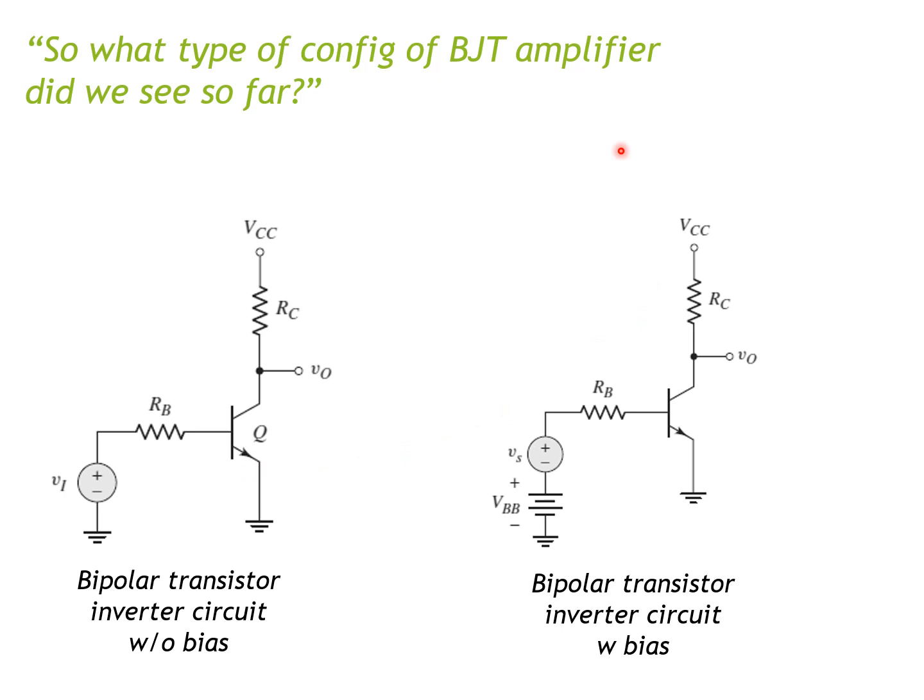However, in this right circuit, this is the more appropriate way to amplify your signal, because here you have VBB, the DC voltage that biases the transistor to a particular Q point, and your small signal Vs is the AC signal that you want to amplify. Then you can get the output right here in VO.